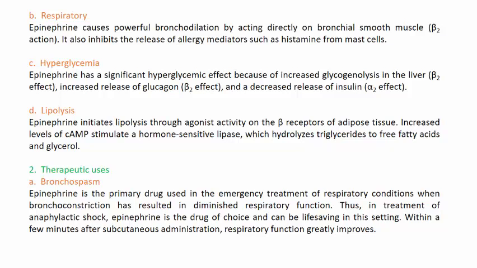We talked a little while ago about the effect on the respiratory system, so one of the important therapeutic uses of epinephrine is in case of bronchospasm. It is used in the emergency treatment of respiratory conditions where bronchoconstriction has resulted in diminished respiratory function.